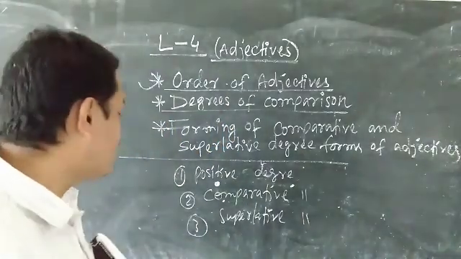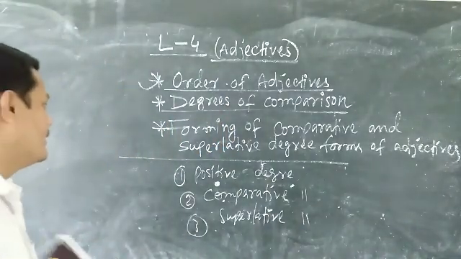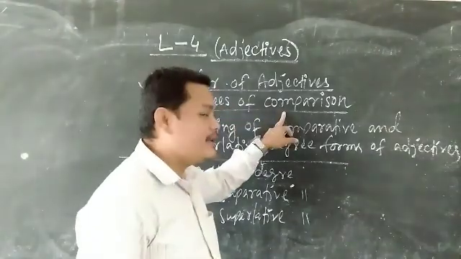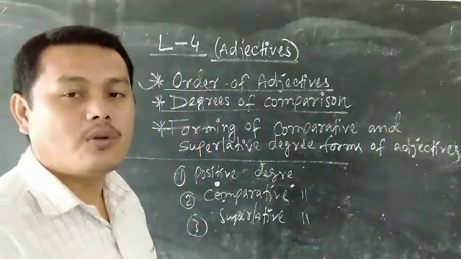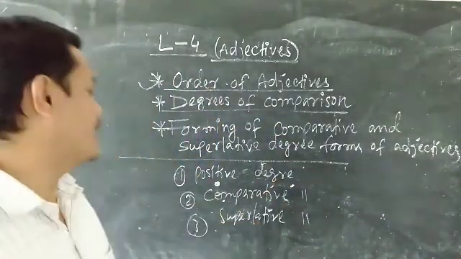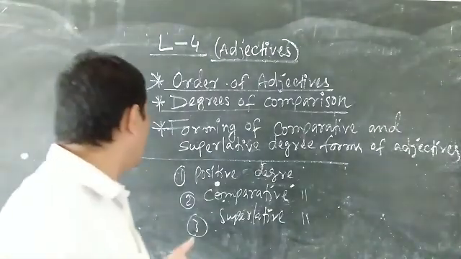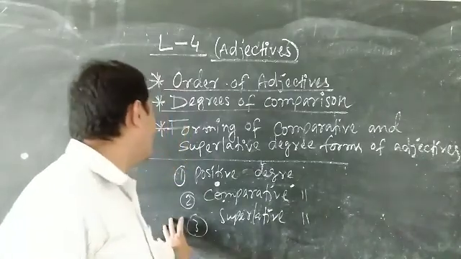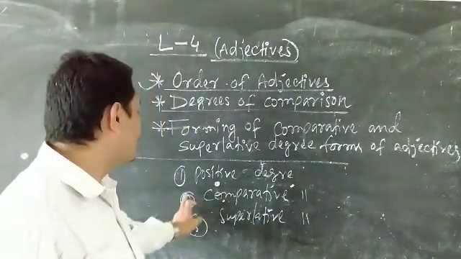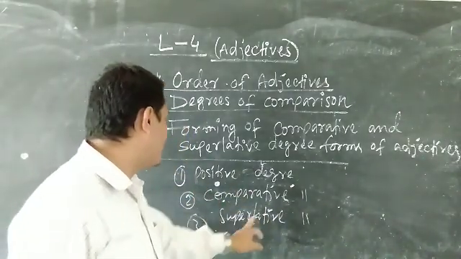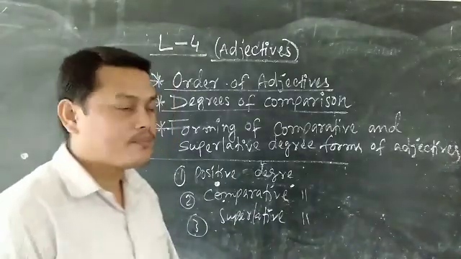Positive degree, comparative degree, and superlative degree. Degrees of comparison means adjectives are those words which are used to compare. And we can use adjectives to compare in these three named forms: positive degree, comparative degree, and superlative degree.